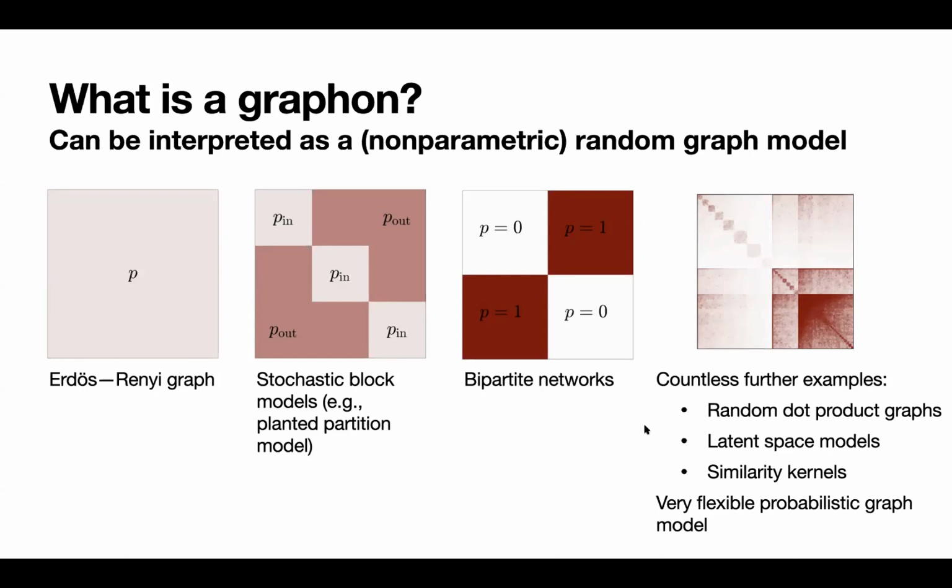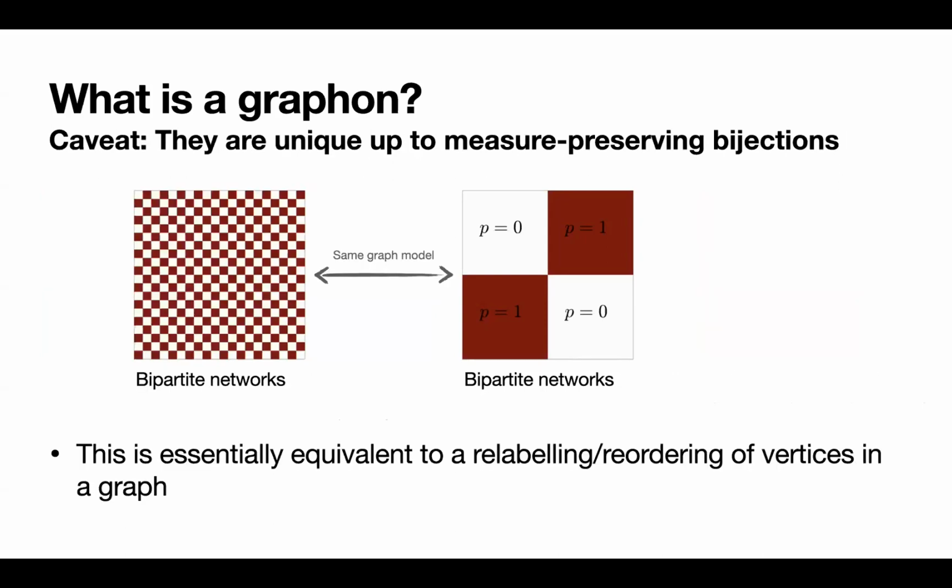However, it also has some caveats. One thing to keep in mind is that graphons are usually only unique up to measure preserving bijection. What we mean by this is that if you take this image here of the bipartite network, you can realign the positioning of the nodes in a different way, where you get such a chessboard.